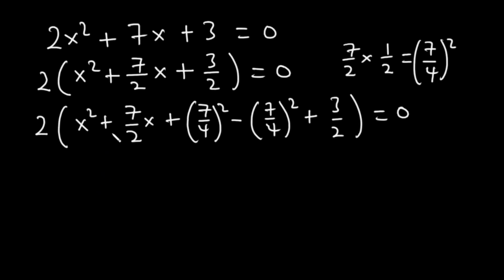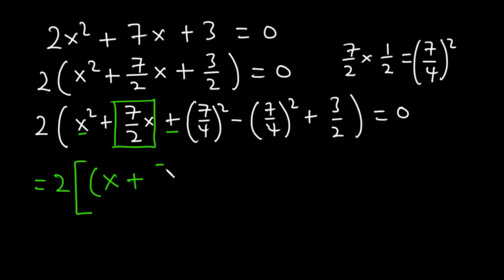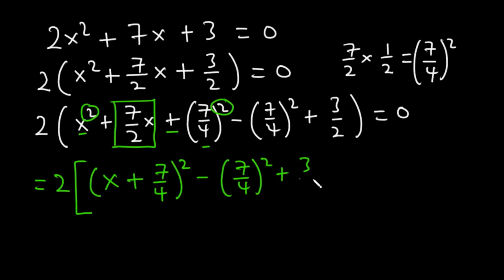Next, we are going to eliminate 7/2 x. So it's going to be 2 into bracket, we have (x + 7/4)² - (7/4)² + 3/2.